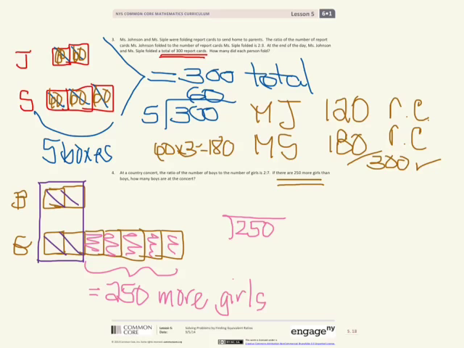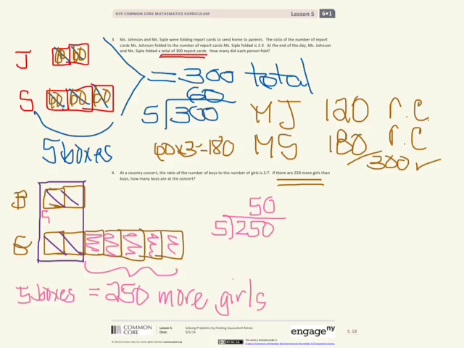So this 250 is 5 boxes. I'm going to take the 5 and divide it into 250, and I get a value of 50.